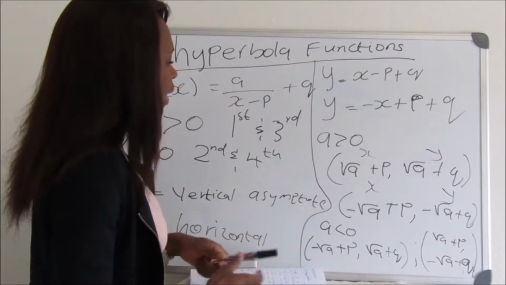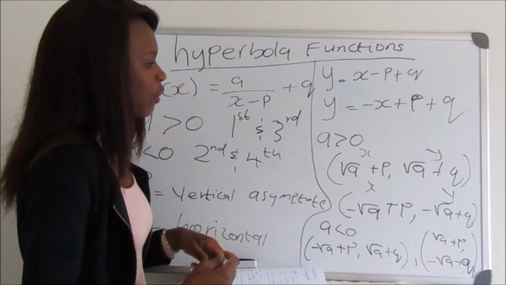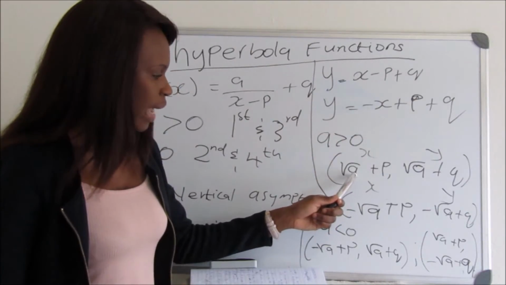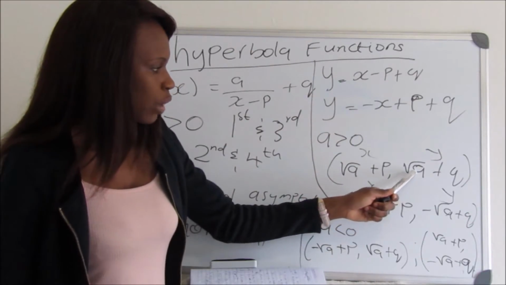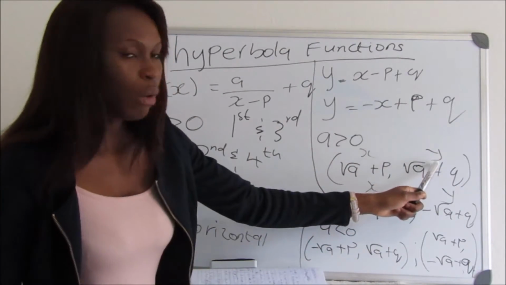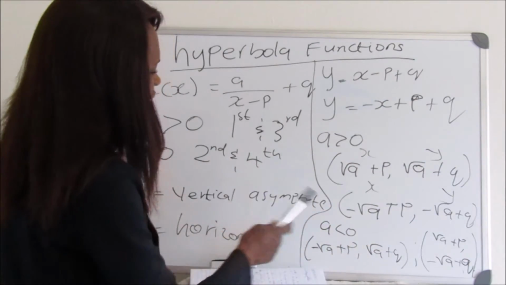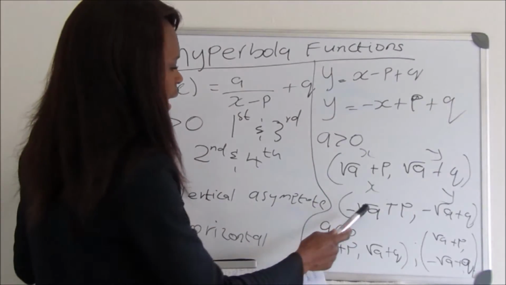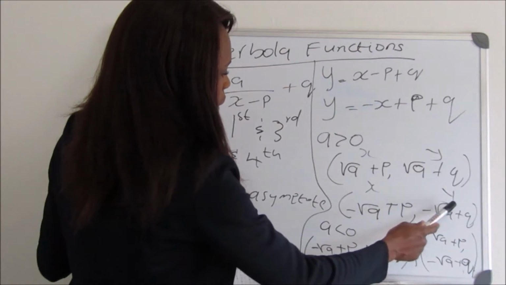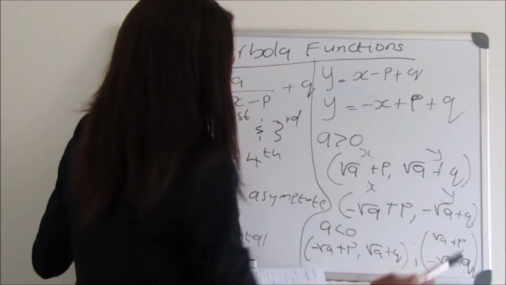Then if our a is greater than 0, to find the coordinates on the axis of symmetry, we have root a plus p as x and root a plus q as y. The same thing happens, we have two points, so the other will be negative root a plus p, and our y will be negative root a plus q.